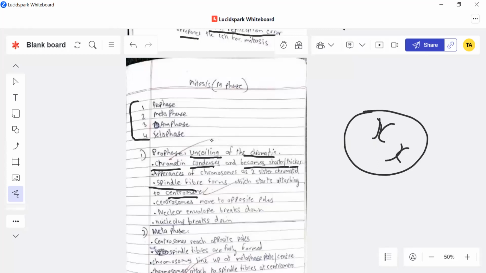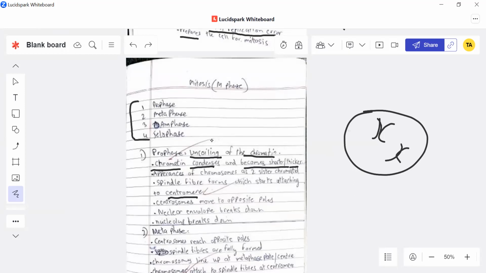What is spindle fiber? Spindle fiber is formed by centrioles, or centrosomes. Centrosomes are two centrioles again. And in cell division, you'll use centrosomes and not centromeres.